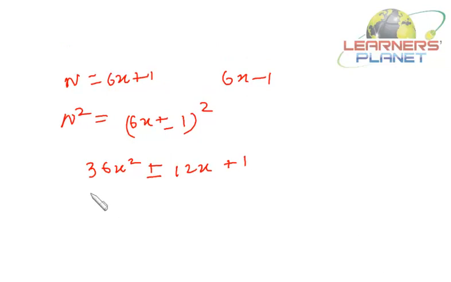Now suppose I have to divide this expression by 12, what is the remainder which I'll get? 36x square, the 36 itself is a multiple of 12, so I won't be getting any remainder from this part. 12x is a multiple of 12, so I won't be getting any remainder, so the remainder which I'll get is 1. Doesn't matter which prime number this is, since it will be either 6x plus 1 or 6x minus 1 format. So in both the cases, I'll be getting the remainder as 1. Okay friends.